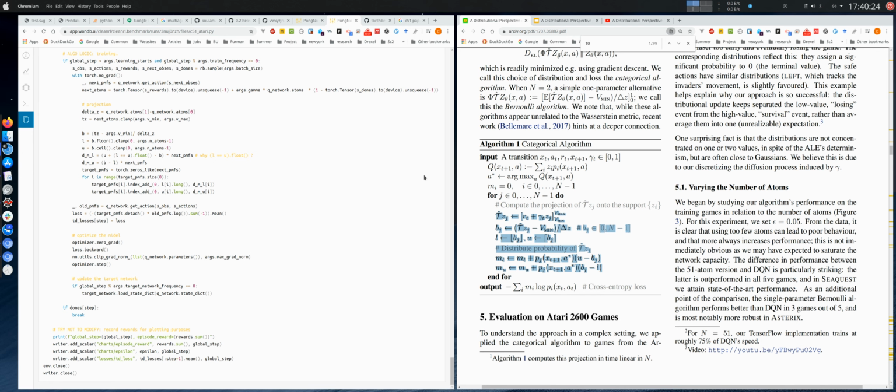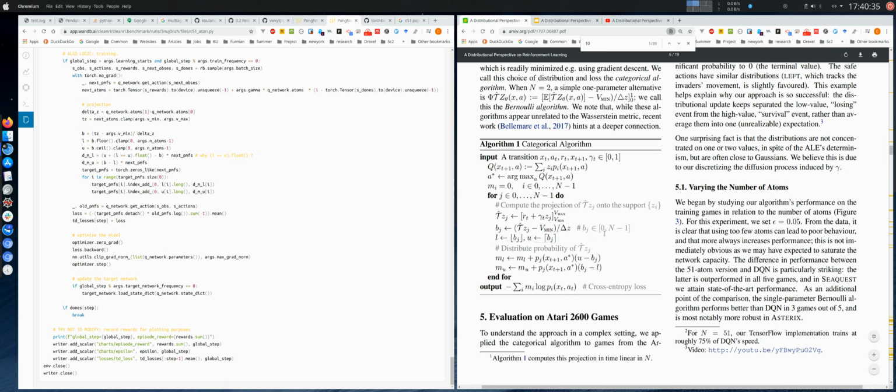Yeah. I want to come back to that part especially because I think it was the hardest part for me. When they compute the L and the U by taking the floor and the ceil of the big BJs, then the U is used.